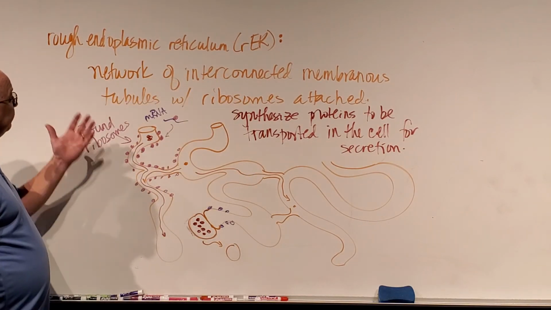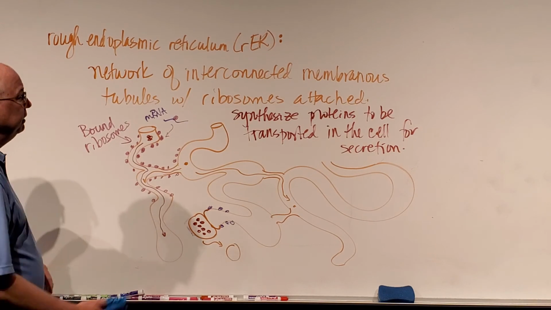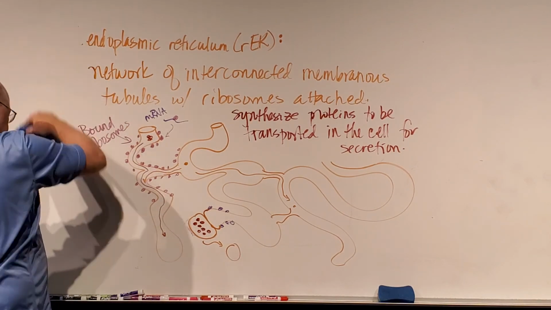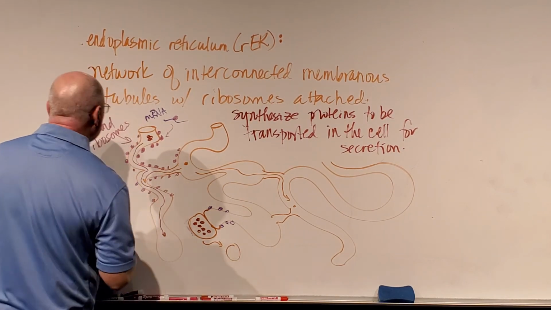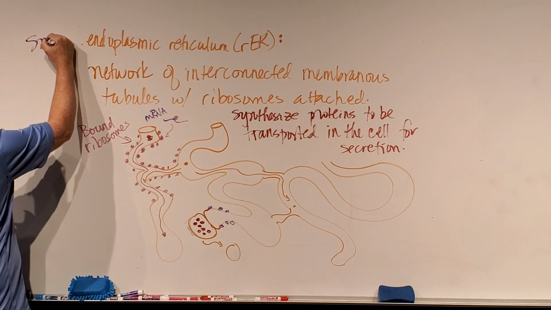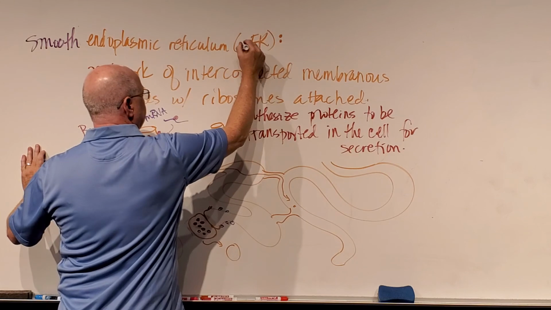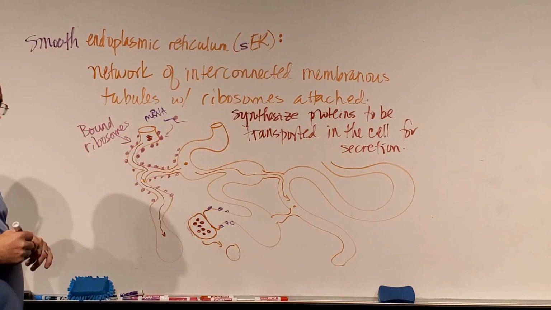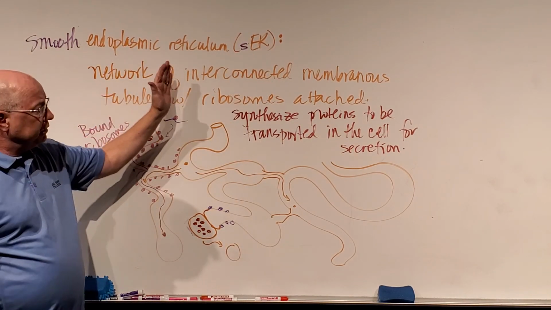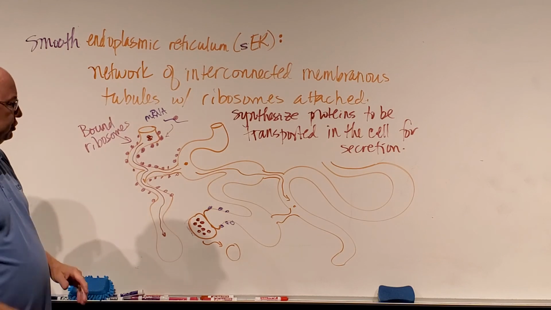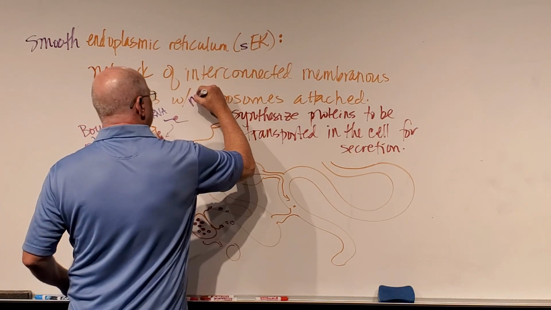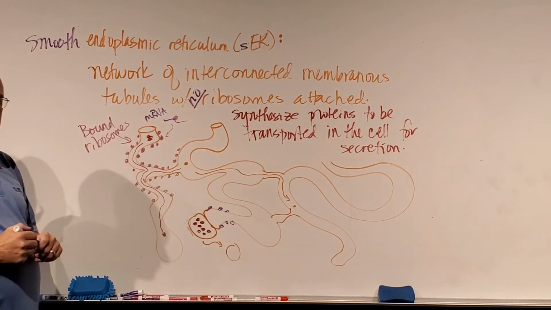Now, we've talked about the rough endoplasmic reticulum. Let's talk about the smooth endoplasmic reticulum. And I'm going to leave some of this information up because a lot of it is the same. The smooth endoplasmic reticulum is a network of interconnected membranous tubules with no ribosomes attached.